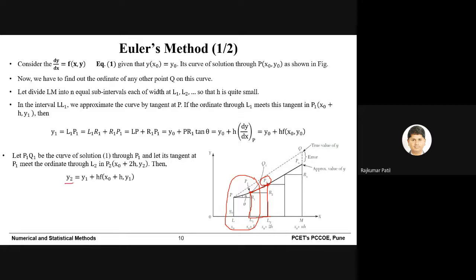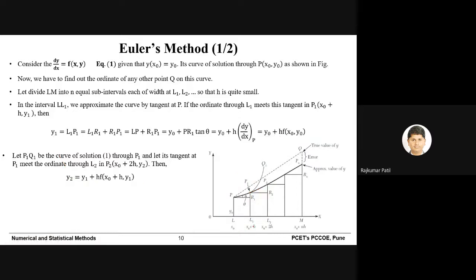y2 equal to, so you can see after y1 we calculate y2, then it will be just the modification of the previous equation. Instead of y naught, you need to take y1. H interval is constant, so it will be as it is. And f of x naught y naught, you will see here as f of x naught plus h and y1.